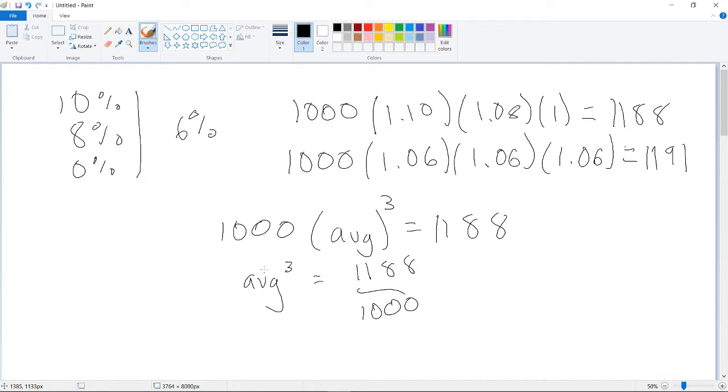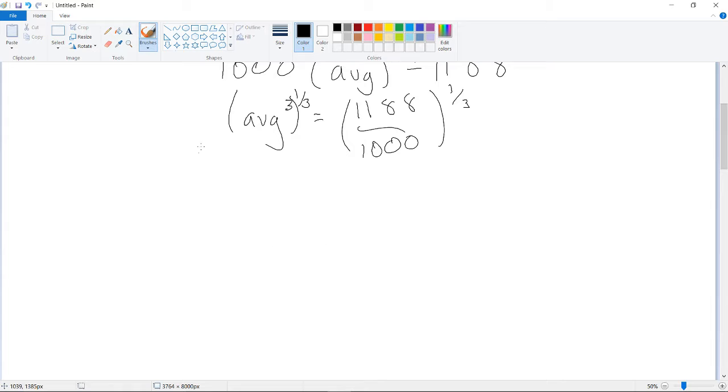Now, if you remember these rules of algebra, I'll explain it in just a second in case you forgot, you can put both of these sides to the power of 1/3. This is the average to the third, all to the 1/3 power.